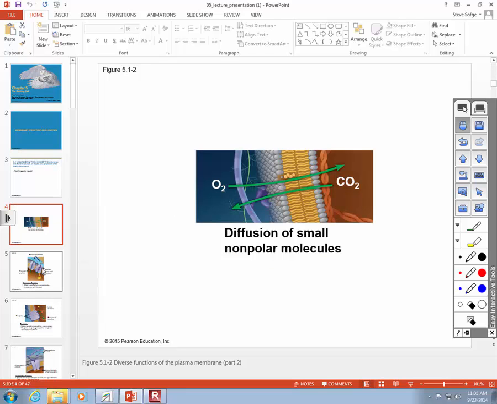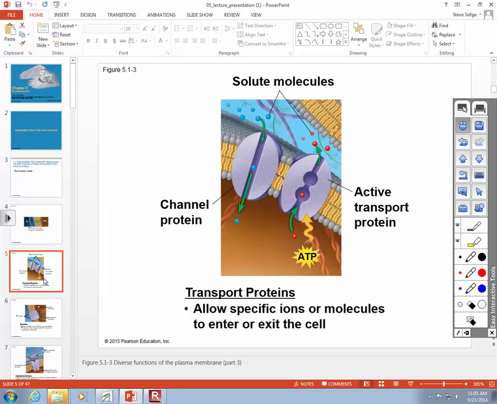I don't need ATP for that. Yeah, this right here, the channel protein, where you're moving something from where you have more of it on the outside of the cell to where you have less of it on the inside of the cell. That is a passive transport, but if you need some protein to help you do that, that's called a facilitated transport. We did talk about that.